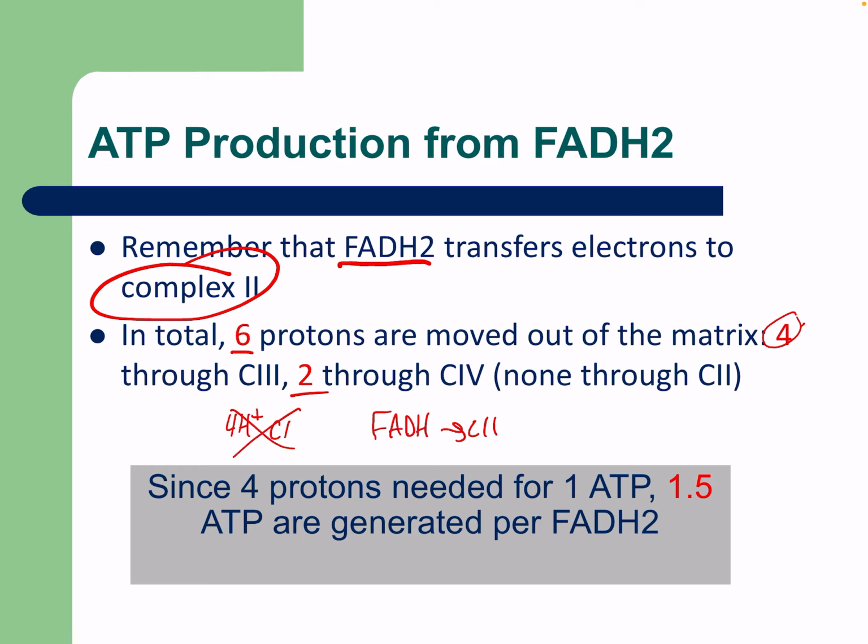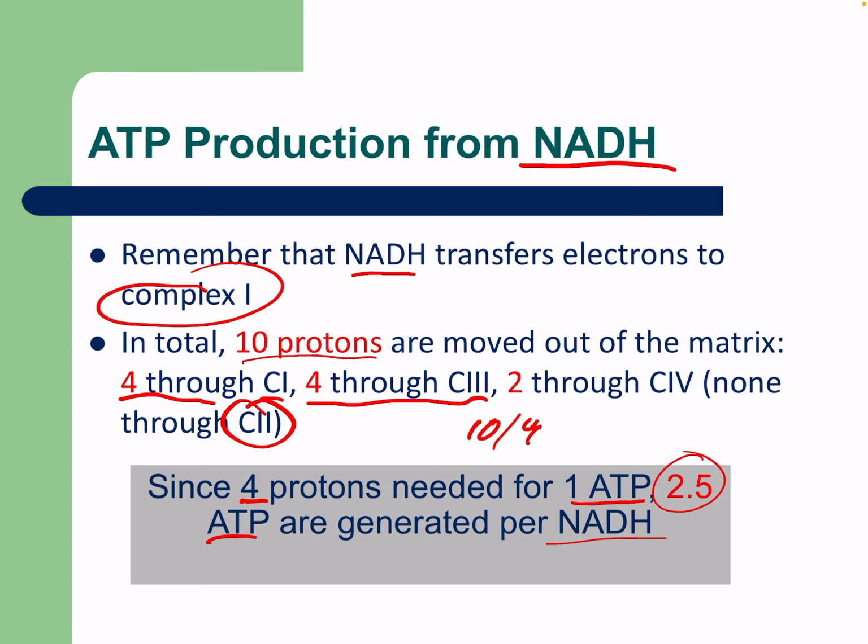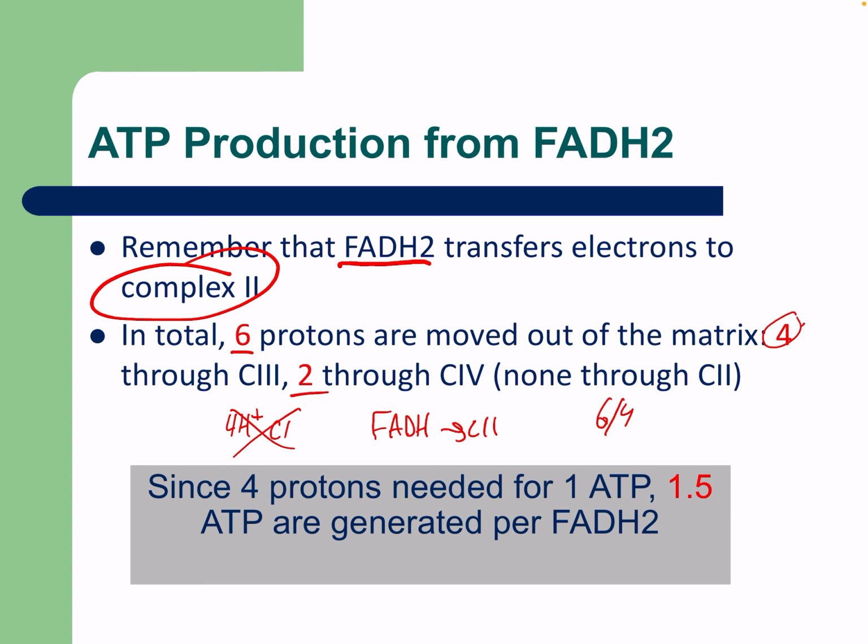So this doesn't happen, and that's why we get 6 instead of 10. So 6 divided by 4 gives 1.5. With 4 protons needed for 1 ATP, we have 1.5 ATP generated per FADH2.